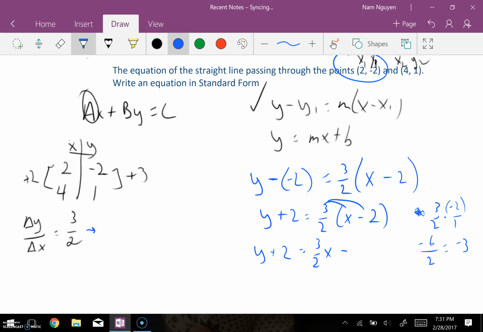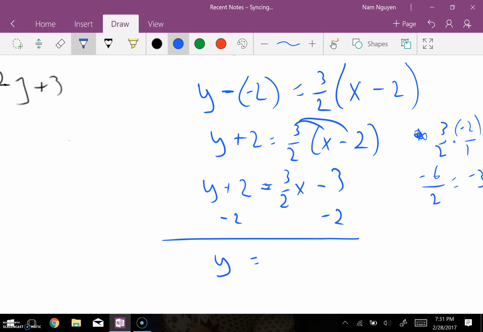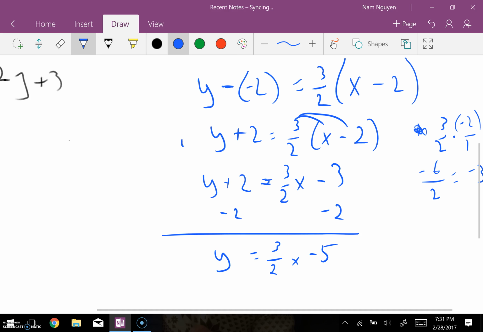So that becomes a -3. So this is what I have right now: y plus 2 is equal to 3/2 x minus 3. I'm going to subtract that 2 from both sides. I have y is equal to 3/2 x minus 5. Well, there is slope intercept form. Lo and behold, I had point slope form up here.